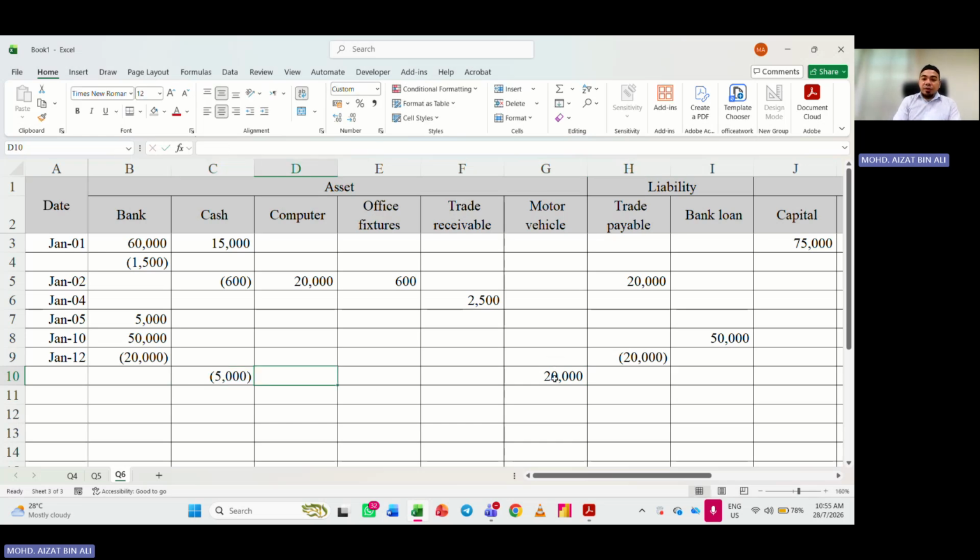So the price of the motor vehicle, the van, is 20,000 and we paid 5,000. So how much is the balance? The balance is 15,000. And this 15,000, have we paid for it yet? Not yet, right? So this becomes our trade payable. So in trade payable account, record 15,000 ringgit. Just like this. Okay, next.